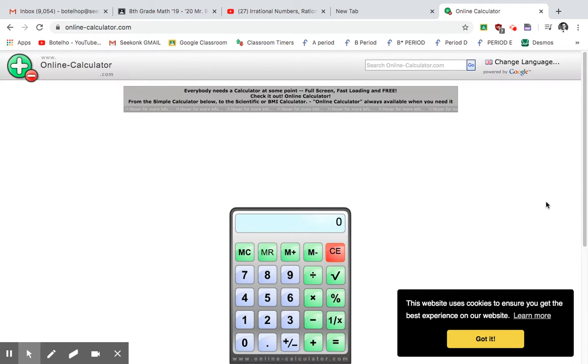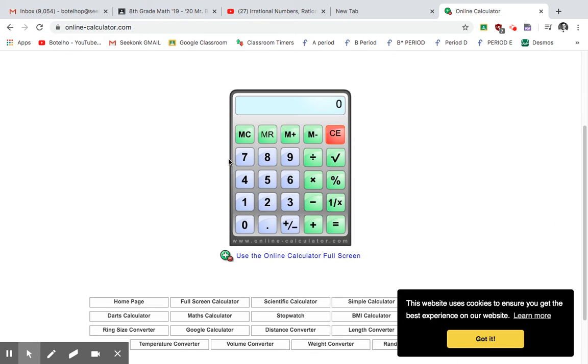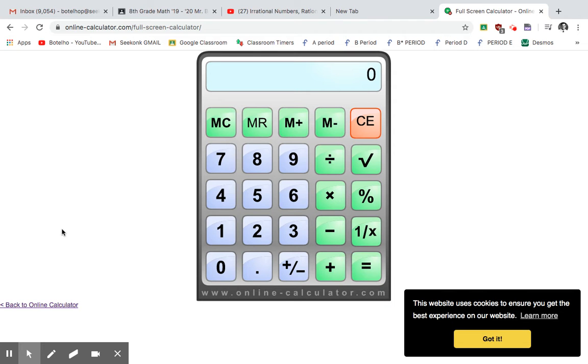Sorry for the delay in the video. If I put this on full screen, now let's do 8 divided by 0. It should say error. Error. If I do 77 divided by 0, error. That's literally not a real number. There's no such thing. Same thing if I do the square root of negative 6.